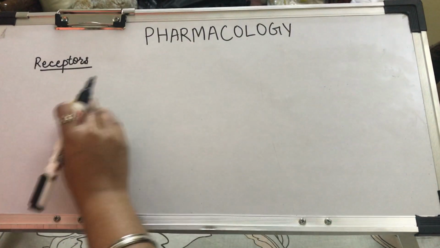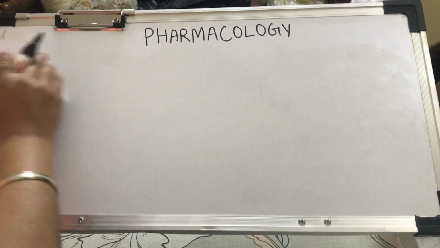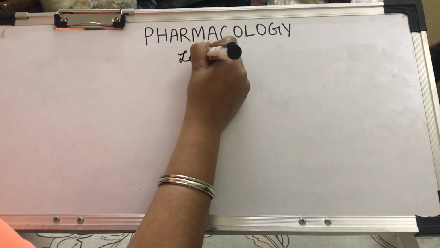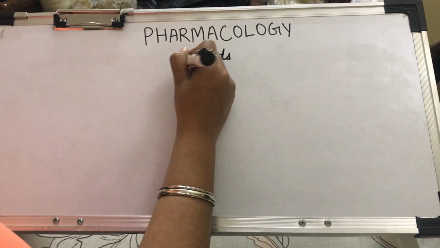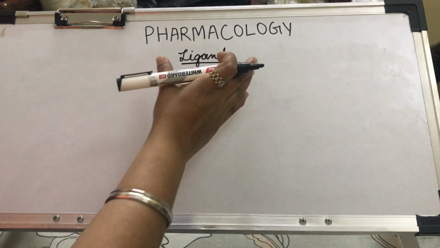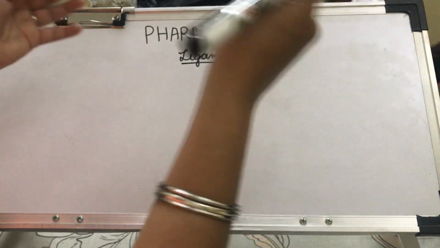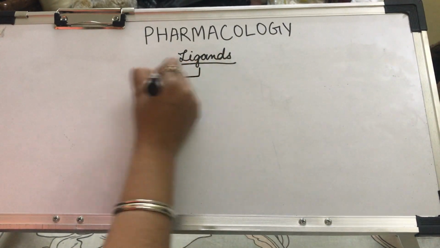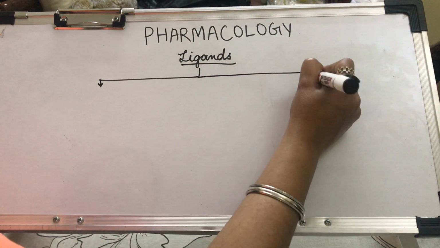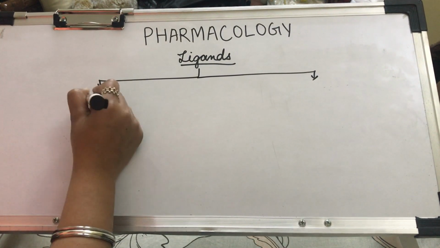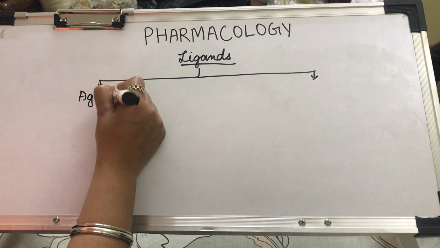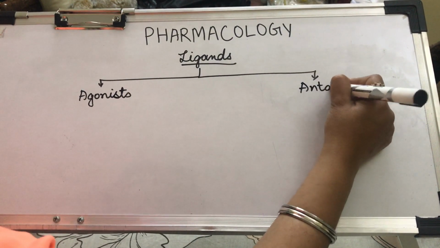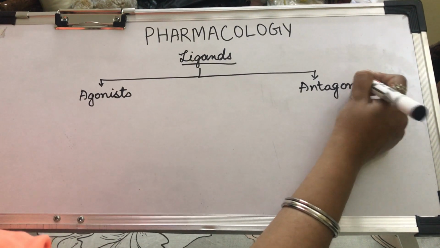Okay, when we were talking about receptors, I used a term ligand, or some say ligands. So these are basically the substances which are coming and binding to a receptor. These ligands can be of two types. There are agonists and there are antagonists.